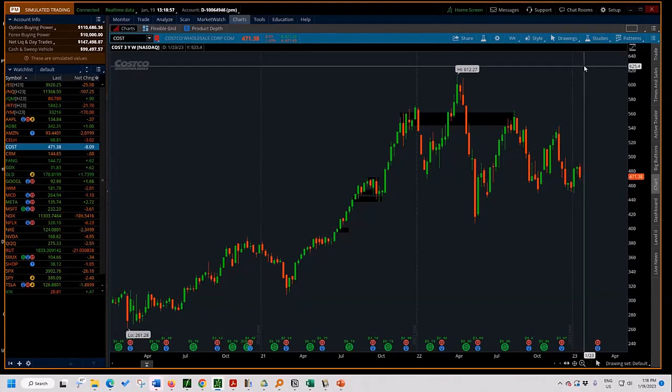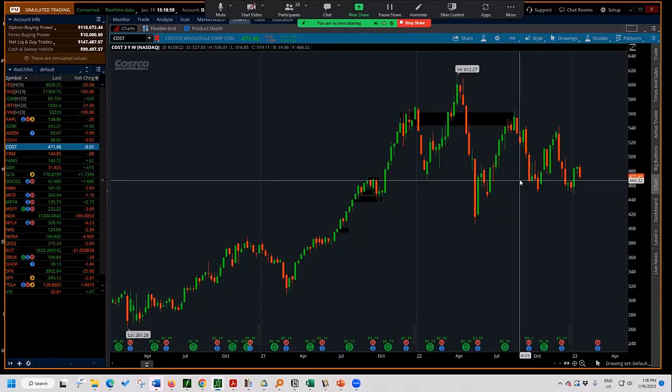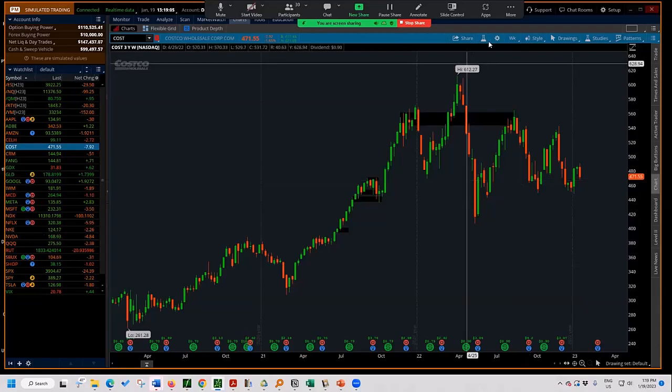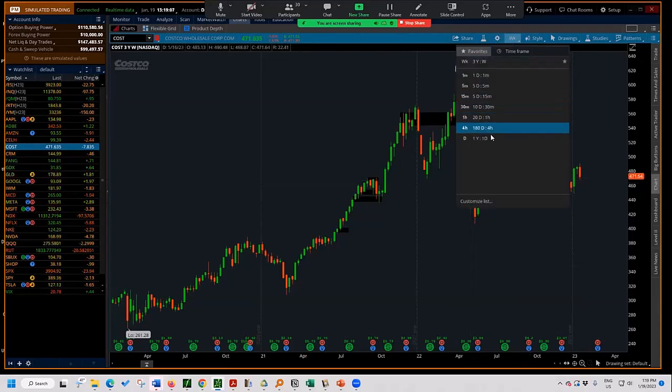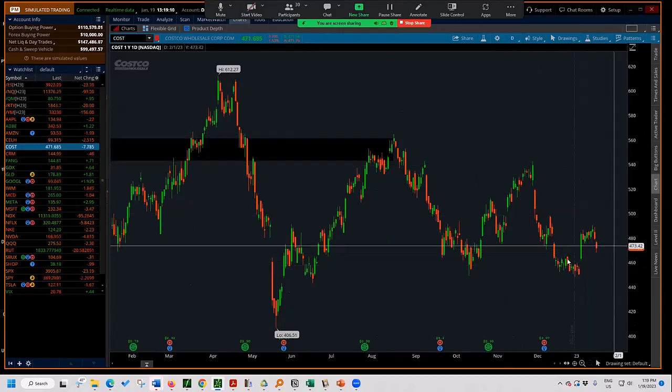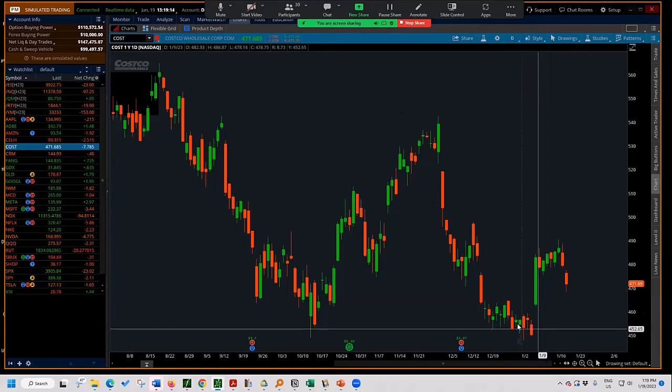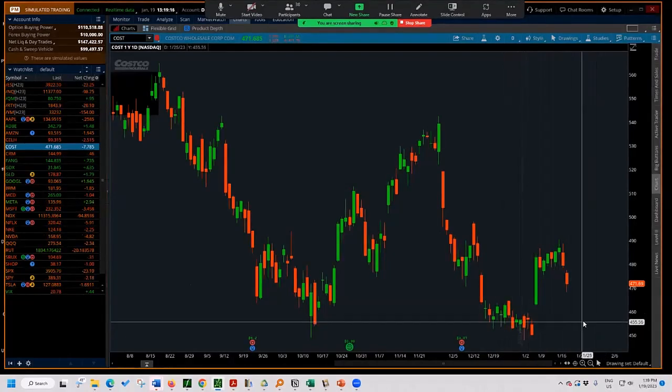Because technical analysis is telling me that Costco is going to go down. It's definitely going to go down tomorrow or next week. Again, I'm looking at a weekly chart here, but if I were to look at a daily chart, it is going to come and end up somewhere over here, around 450-ish, give or take.